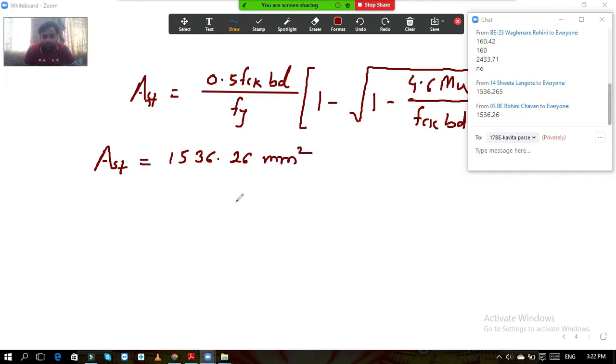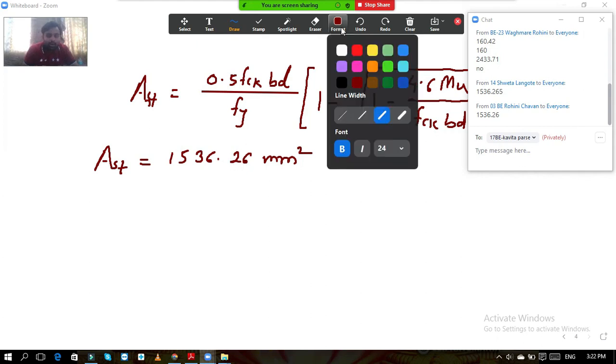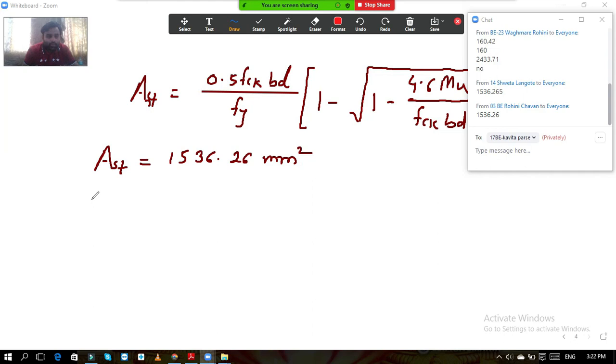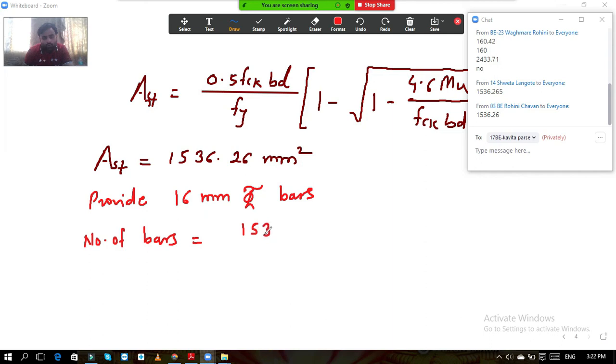Okay, so instead of 10 mm, now this area is big. Go for 16 mm bar diameter. So provide 16 mm diameter bars. We will calculate first the number of bars. Number of bars is equal to 1536.26 divided by 16.